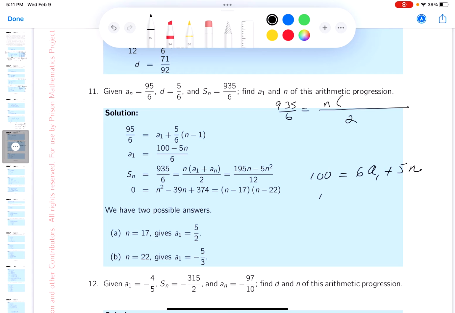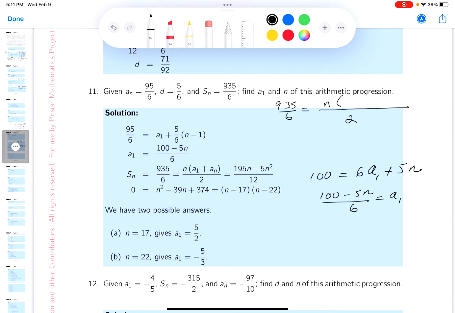It's going to be 100 minus 6a_1 over 5. Oh, no, I want a_1. I don't want n. I'll write that down for you. Let's write a_1 down then: 100 minus 5n over 6 equals a_1.